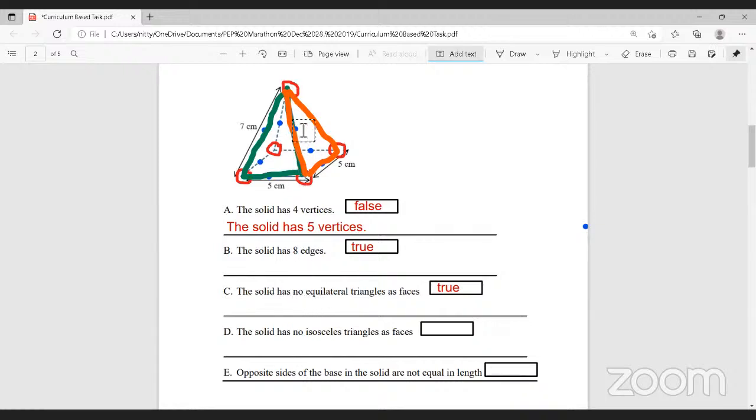So it's true that there are no equilateral triangles in this solid as faces. What about D? All right, guys, very good. I see your answers coming in. D says the solid has no isosceles triangles as faces. Wow, isosceles triangles. What is an isosceles triangle? What do you know about isosceles triangles?